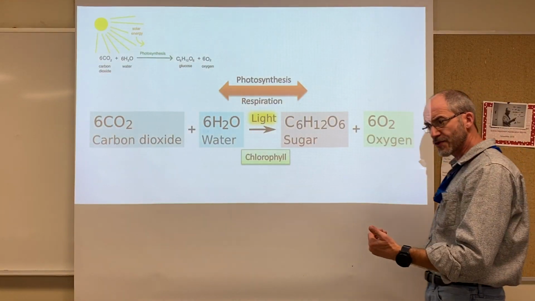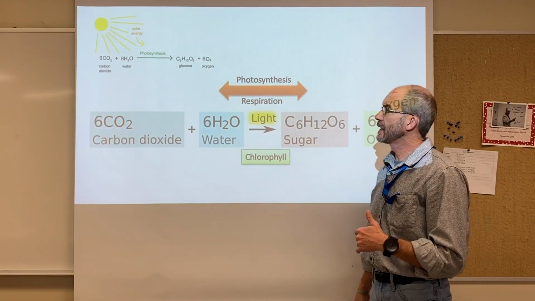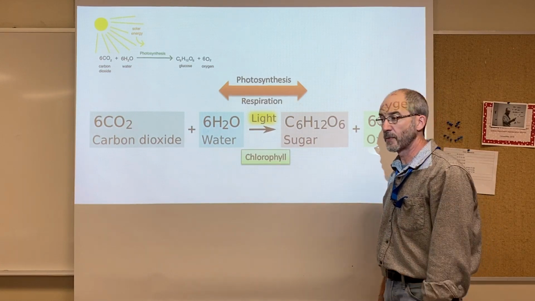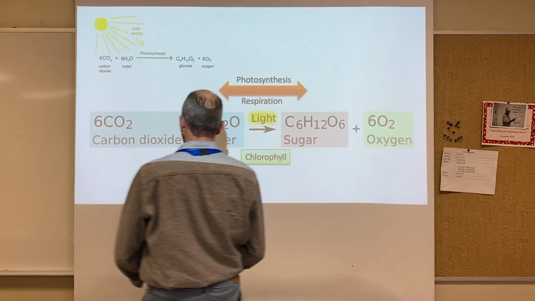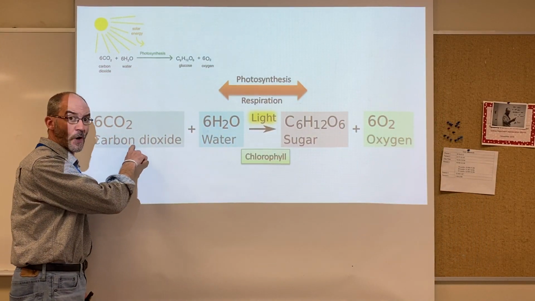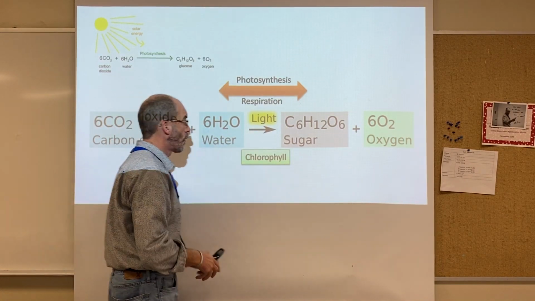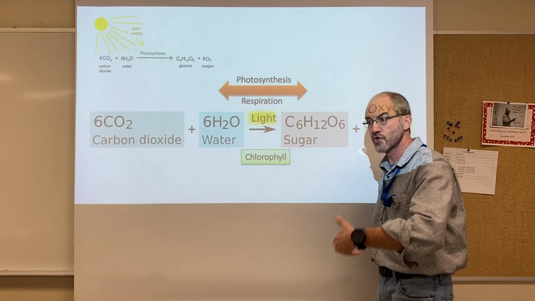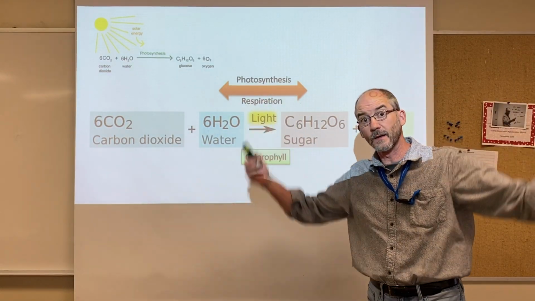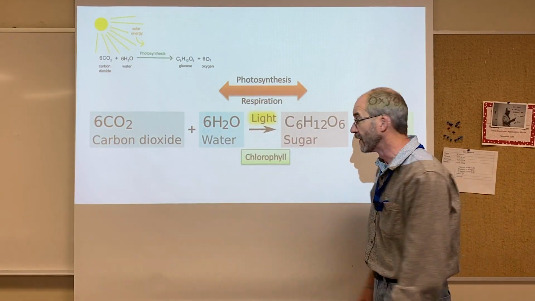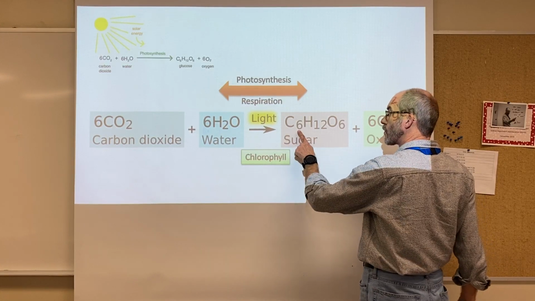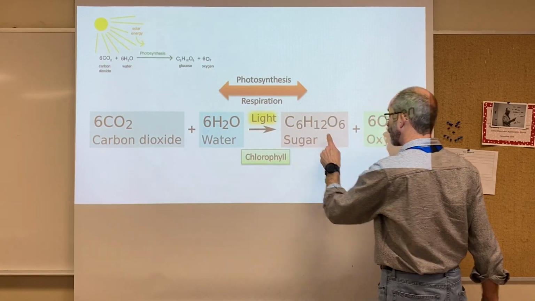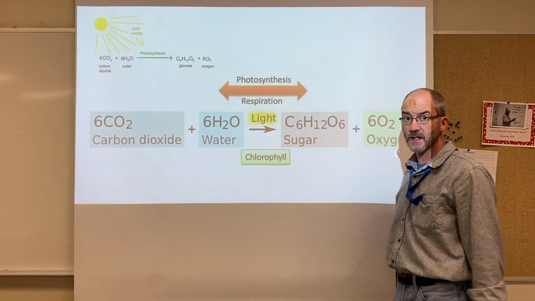So make your biology teachers proud, and let's use a real life example: photosynthesis. We bring in 6 molecules of carbon dioxide and 6 molecules of water, and in the presence of chlorophyll, light, energy, enzymes, plant, leaves, all the above, the plant will create 1 molecule of sugar and 6 molecules of diatomic oxygen.